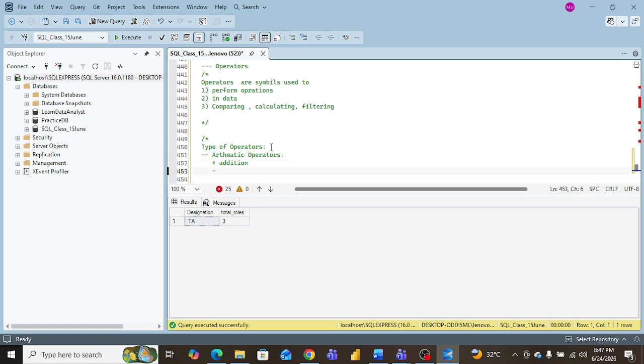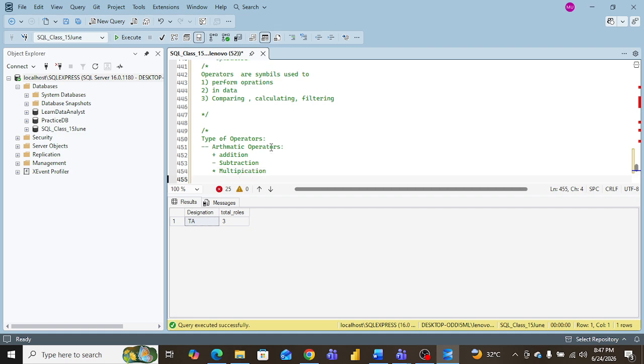And this is subtraction, right? And this is multiplication, and then we have division, right? And then we have modulus.